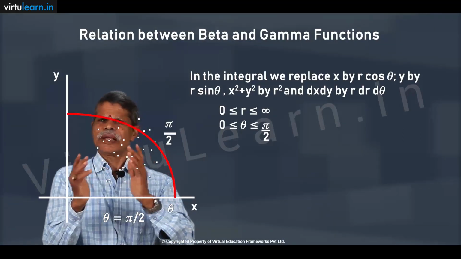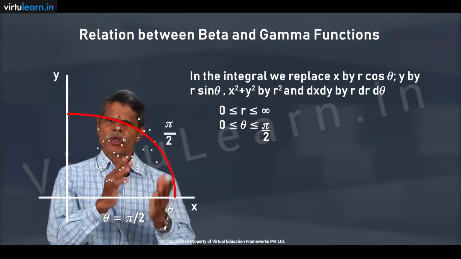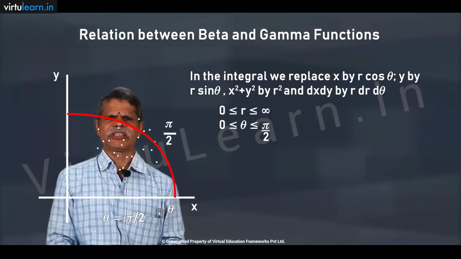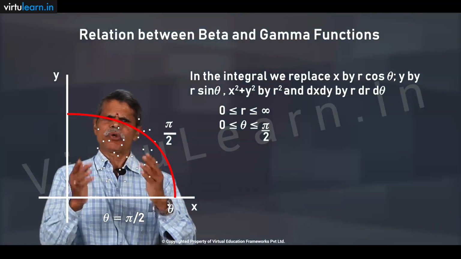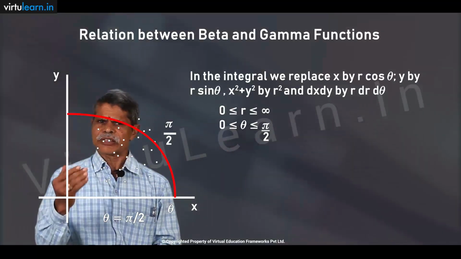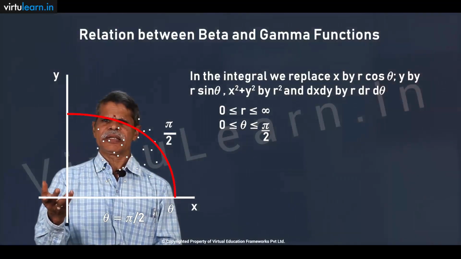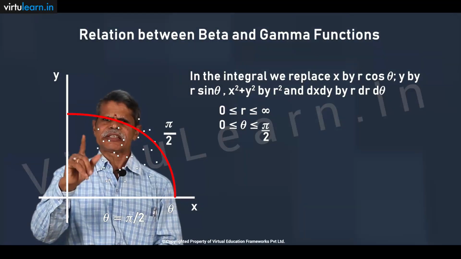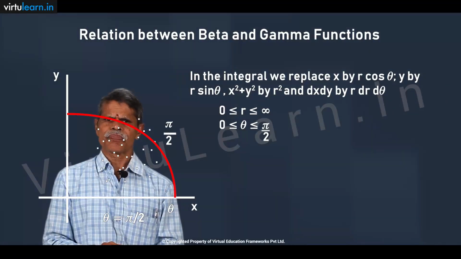And then there are two exponential functions, e power minus x square and e power minus y square. They can be written as e power minus of x square plus y square. When we replace x by r cos theta, y by r sin theta, x square plus y square gets replaced by r square.